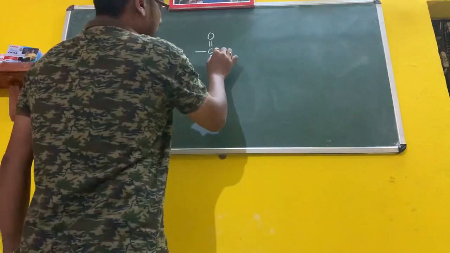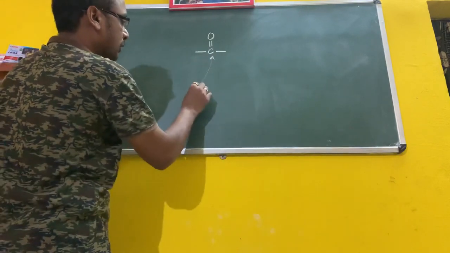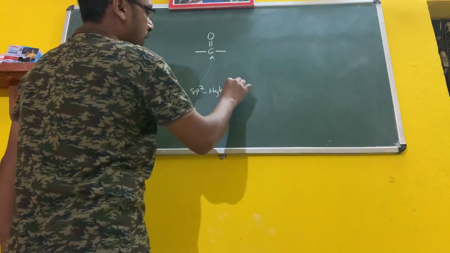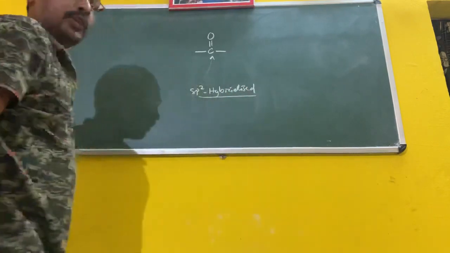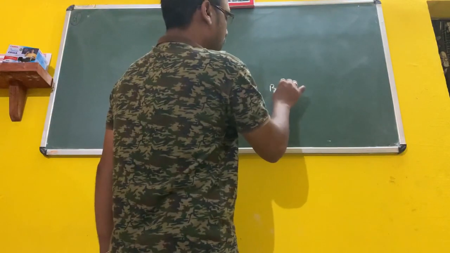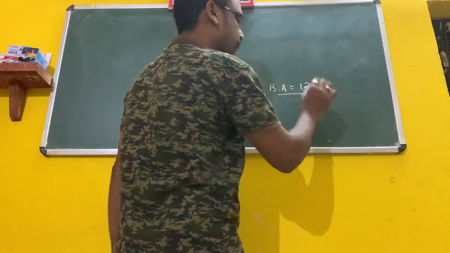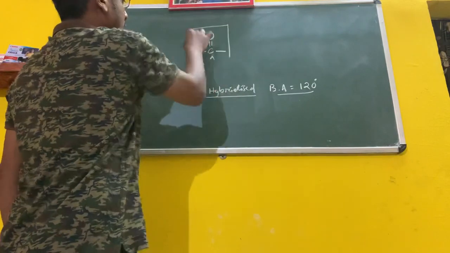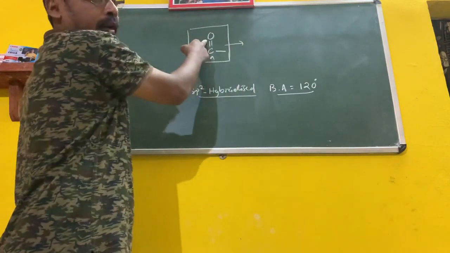This carbon atom is sp2 hybridized, and the bond angle is approximately 120 degrees.